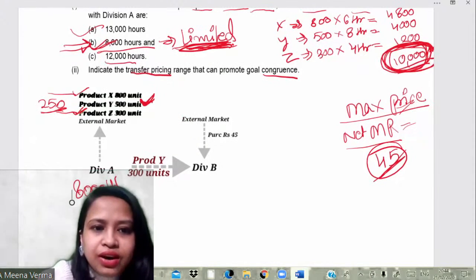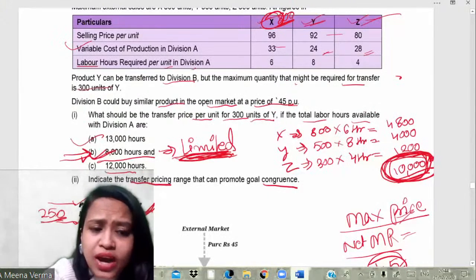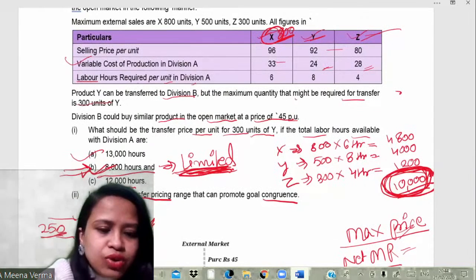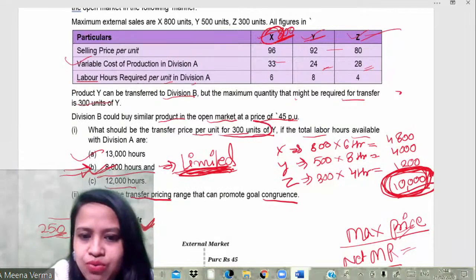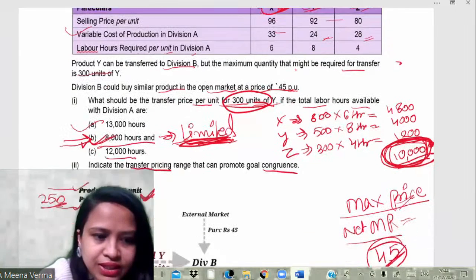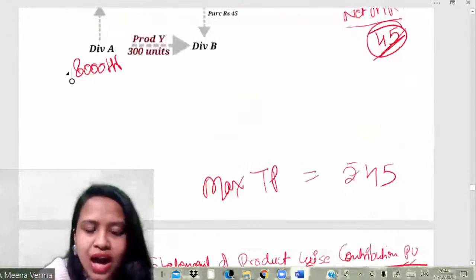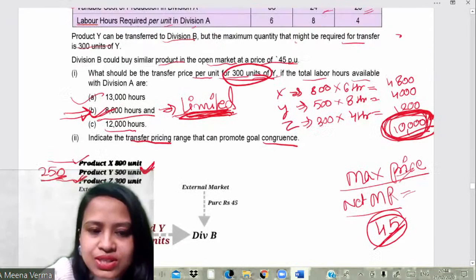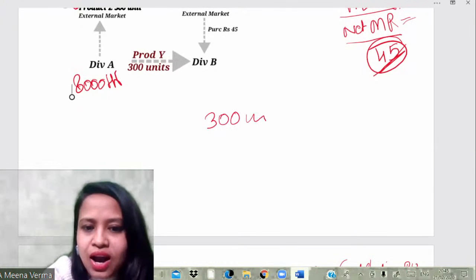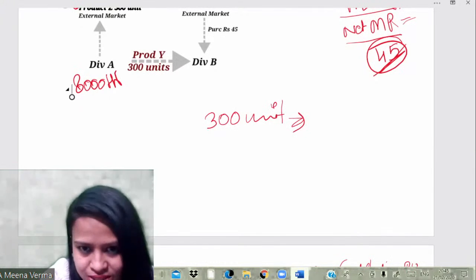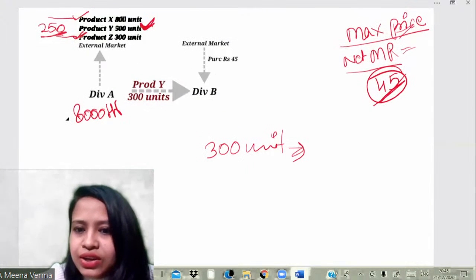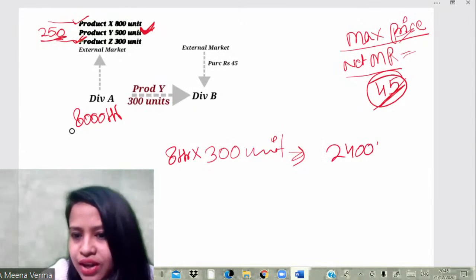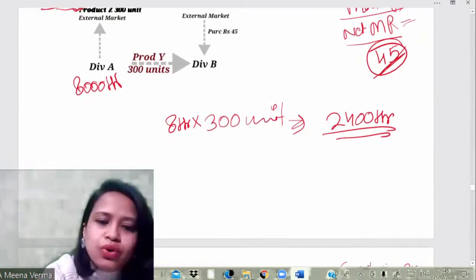You will decide when resources are limited and you have only 8,000 hours. See in the question, what is given here? What should be the transfer price per unit for 300 units of Y? So you have to find out the transfer price for 300 units. First of all, let us see how many hours are required for producing these 300 units. For one unit you need 8 hours, so 2,400 hours are required here.